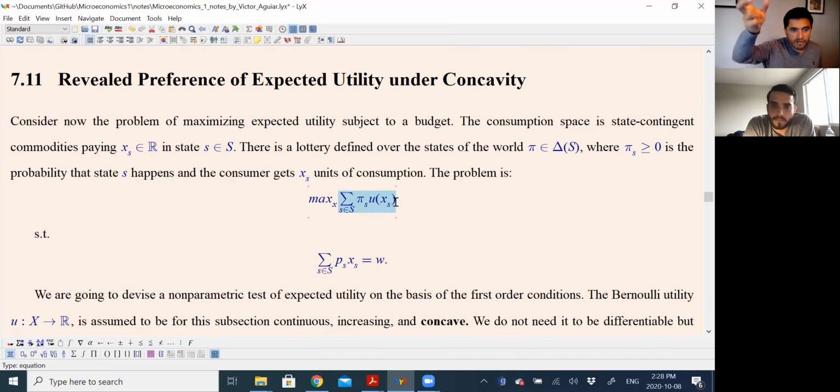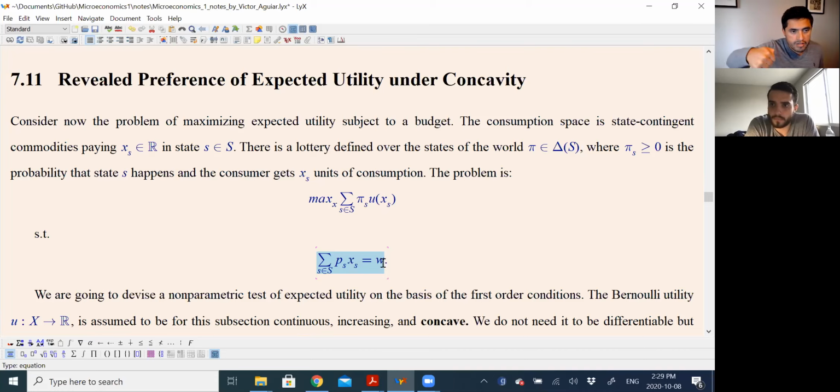So now the commodity bundle is a vector X that pays monetary quantity x_s in state s. You're maximizing the expected utility of this contract, an insurance contract, for instance, subject to what? That the price of each state, since this contract has state-contingent pricing, will be equal to an income level. So your contract tells you that if you suffer an accident, you pay this co-payment, right?